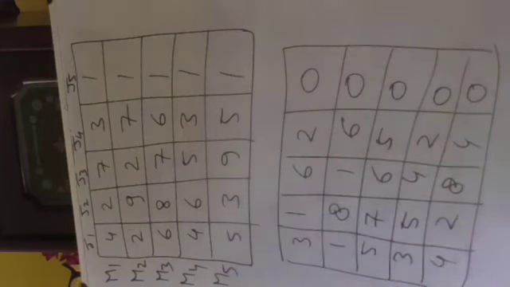Then we will do the column operation. So I'm rubbing this off and writing this. So column operations. So first column minimum element is 1. Second column minimum element is also 1.